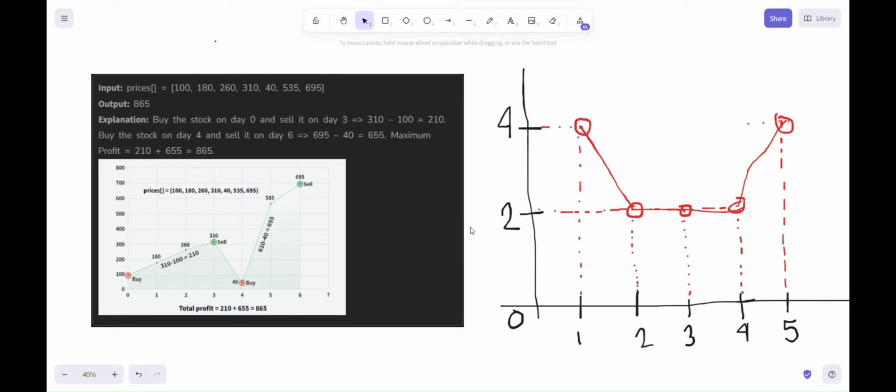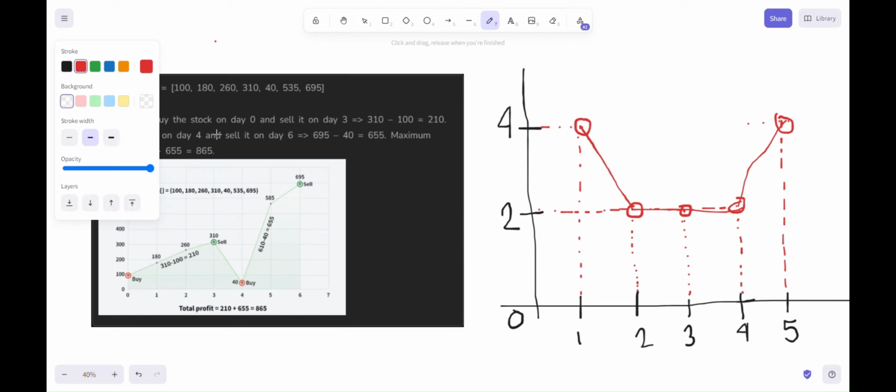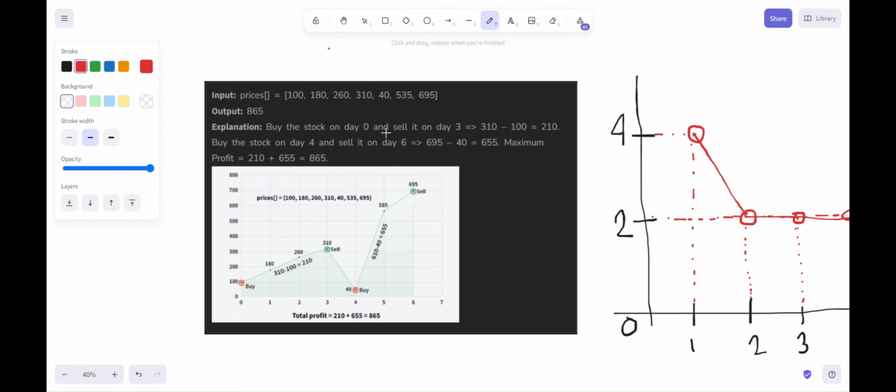So the approach here is, given this, this is the zeroth index, zeroth day stock price, and this is the n minus 1 day stock price.